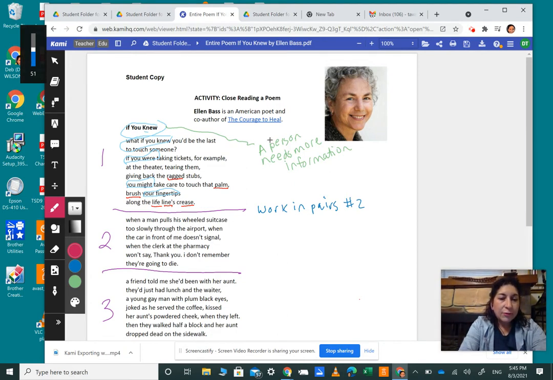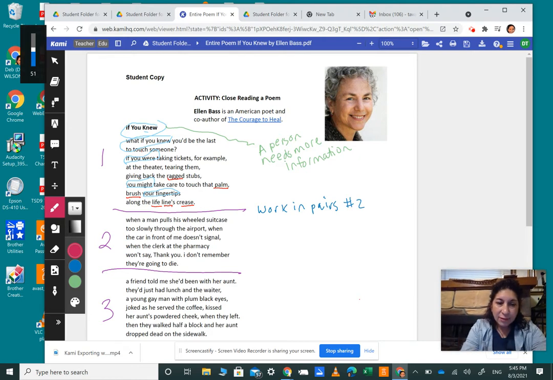And then also palm in this case. You might take care to touch that palm and then brush, because when I think of brush, I think of brushing my hair, not painting my hair, but brushing my hair. So I'm thinking, why would the writer use brush your fingertips? And then along the lifeline's crease. What is this lifeline's crease?